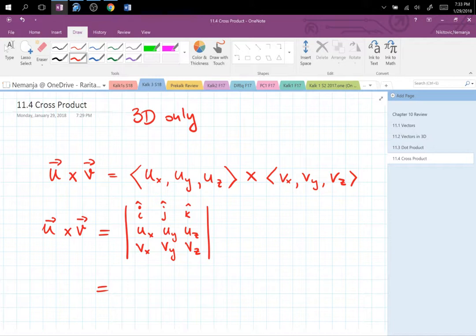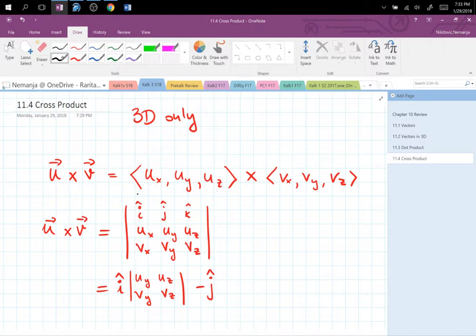Here is what I'm going to do. I'm going to start with i. If I'm starting with i, that's going to kill the row and the column, and what you are left with is the determinant of a 2 by 2 matrix. So that's going to be i times the determinant of uy, uz, vy, vz. And then we have minus j, and that negative sign is a killer, so you have to remember that one.